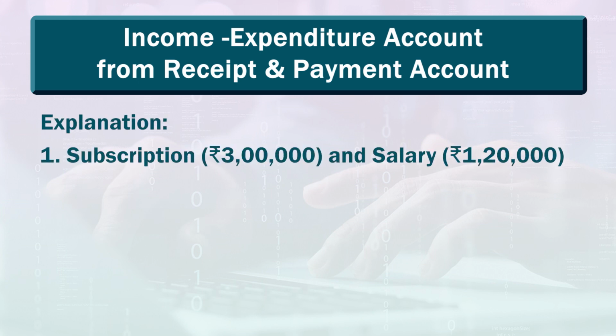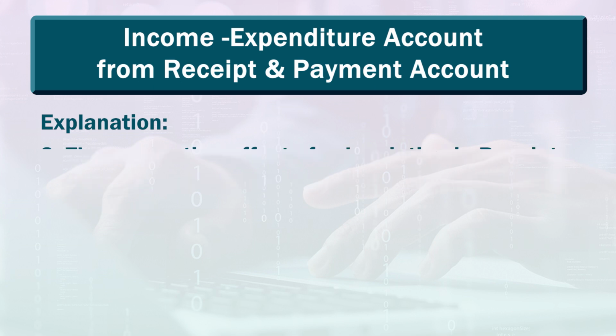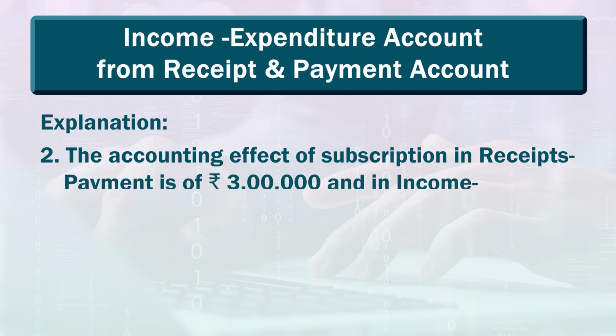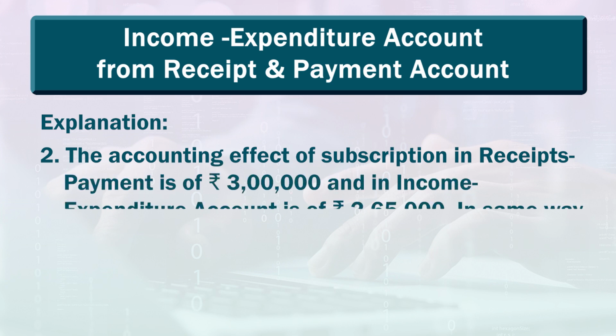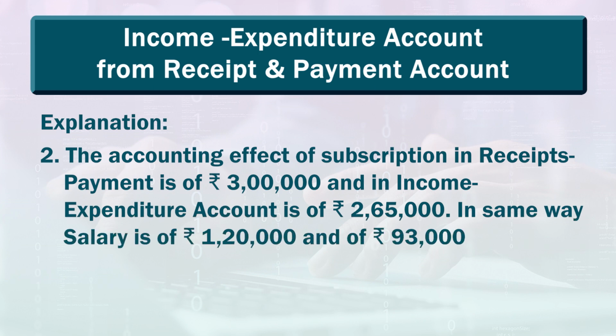Subscription of rupees 3 lakhs and salary of rupees 1,20,000 amounts are inclusive of all years, current, previous and next. Second, accounting effect of subscription in receipts payment is of rupees 3 lakhs and in income expenditure account is of rupees 2,65,000.